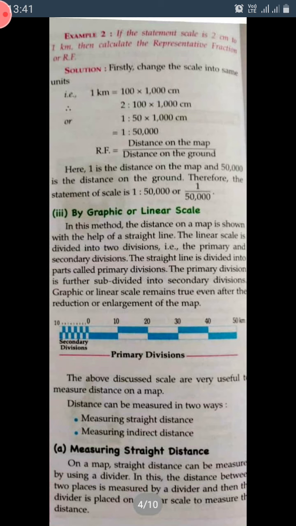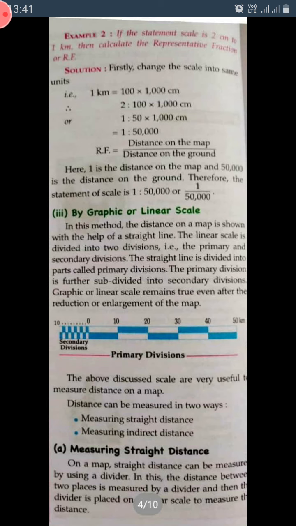Distance can be measured in two ways: measuring straight distance or measuring indirect distance, or the distance which is curved. So there are two ways to measure the distance.